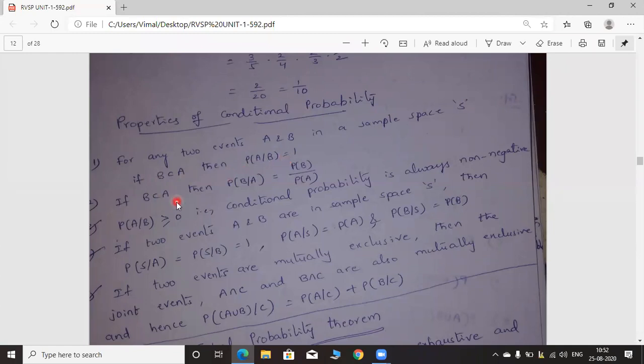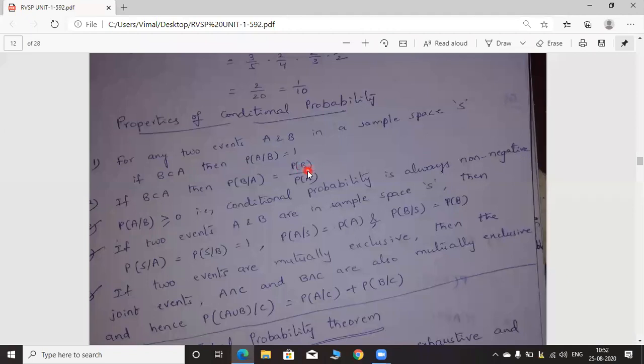If B is a subset of A, then P of B given A is equal to P of B divided by P of A. Actually, according to conditional probability, you have to write probability of B intersection A in the numerator.